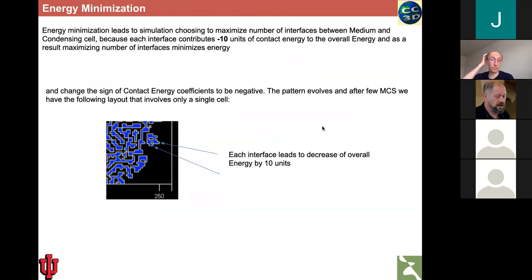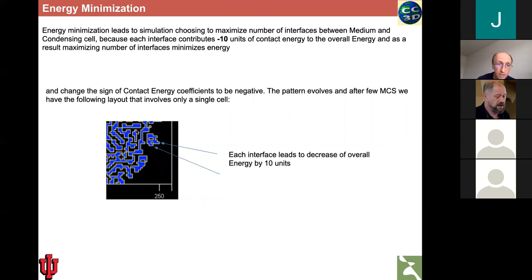The reason why this cell occupies the entire lattice is that CompuCell minimizes energy. If each interface between cell and medium contributes -10 units of contact energy, how would you minimize the energy? You would create as many interfaces between medium and cell as possible.